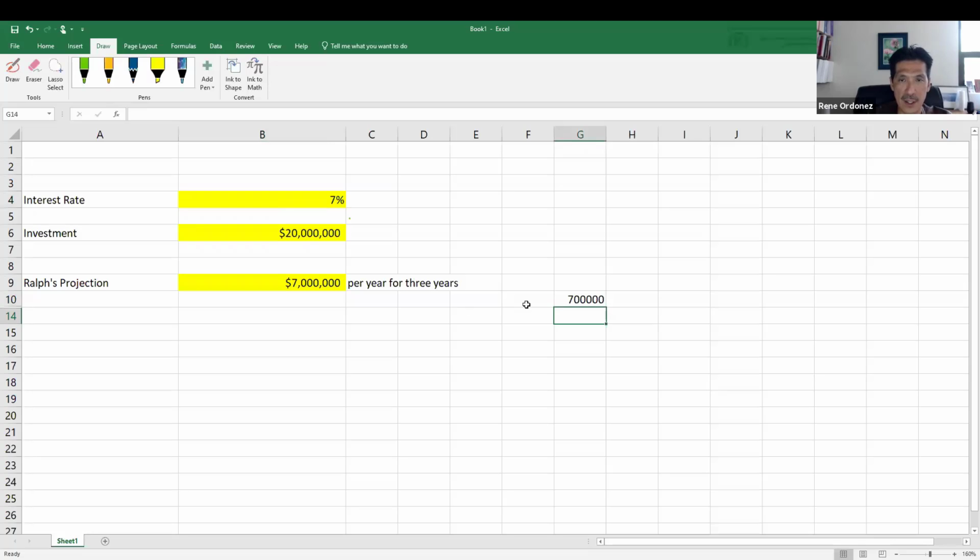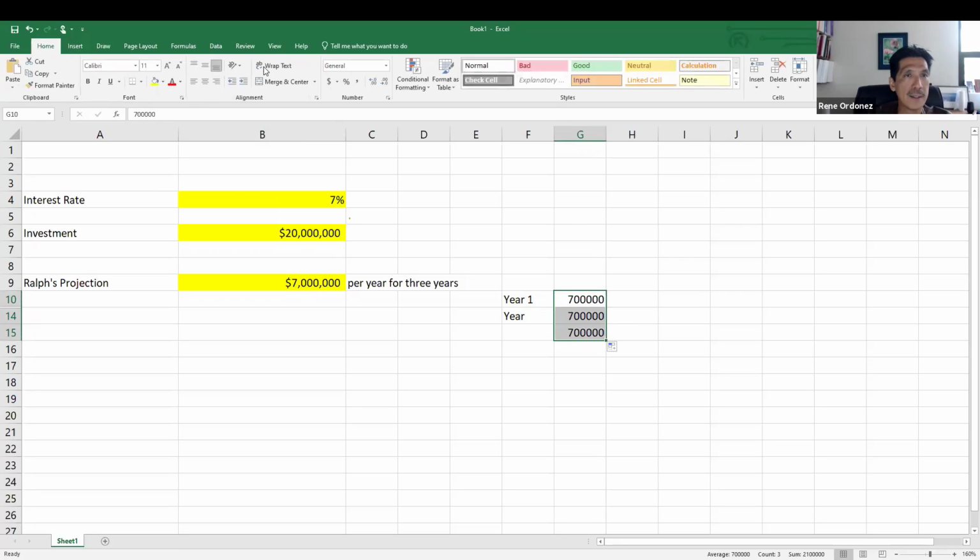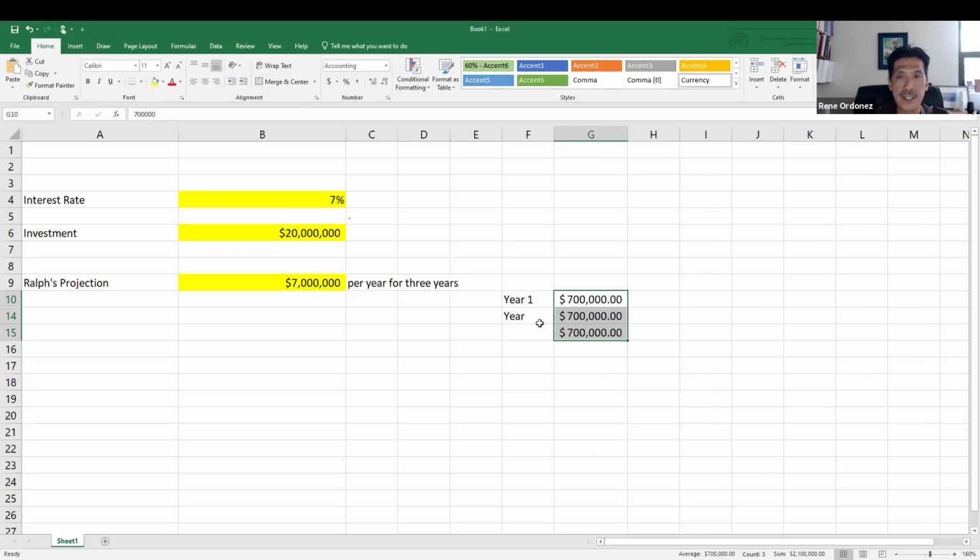So this is year 1. And then you have year 2, same 7 million. And 7 million year 3. Change that to dollars. Okay, it's not 7 million. I need one more 0.